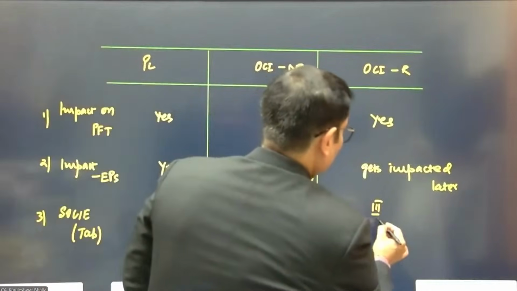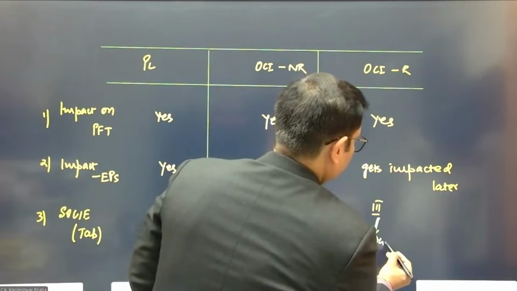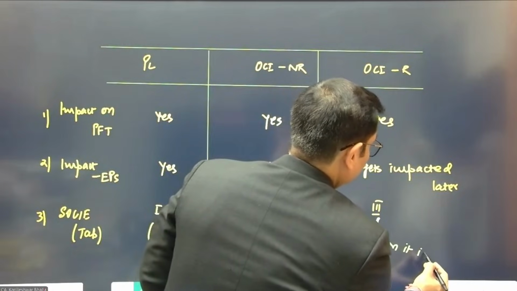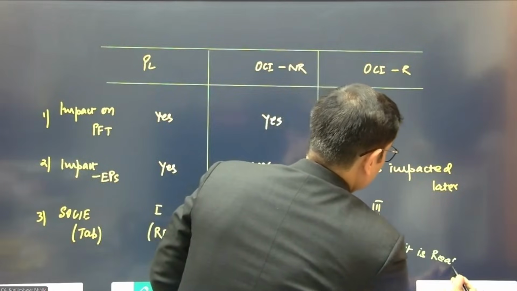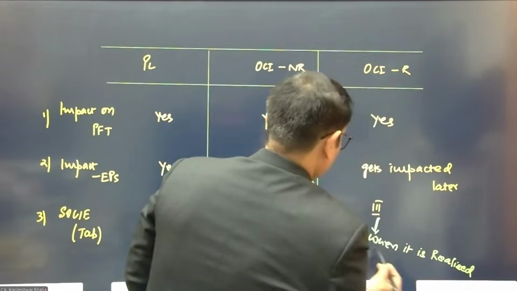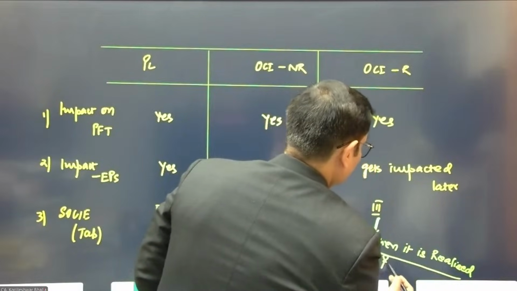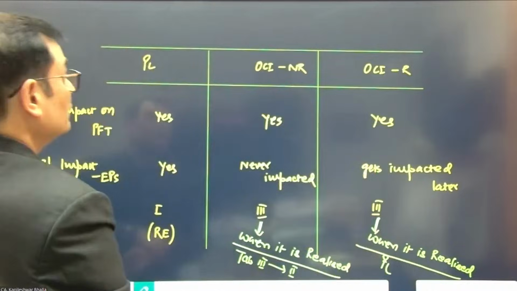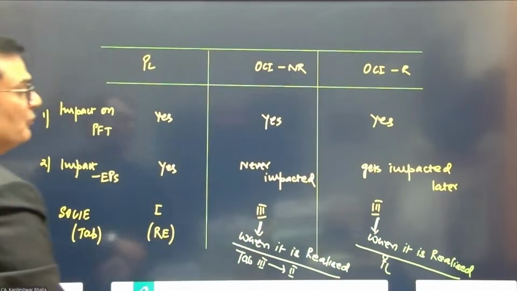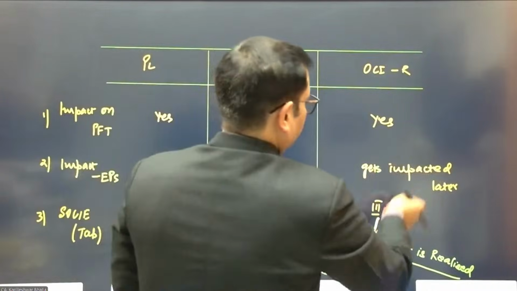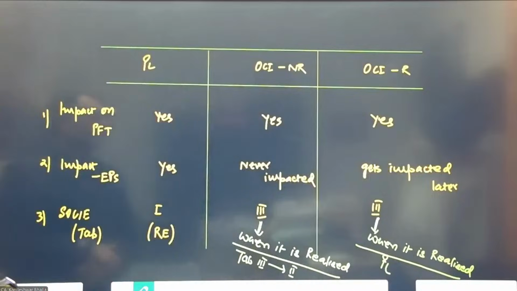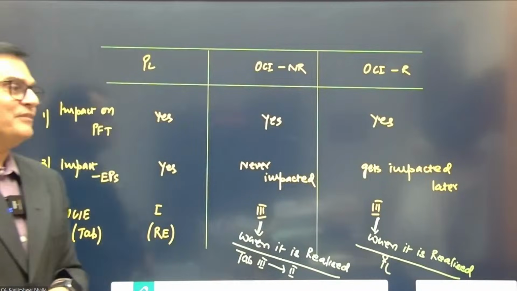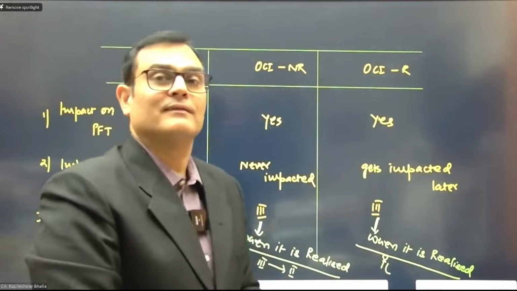And in this case, when it is realized, we put this money in the profit and loss. It goes from tab 3 to the profit and loss, and therefore the earnings per share gets impacted at a later stage.